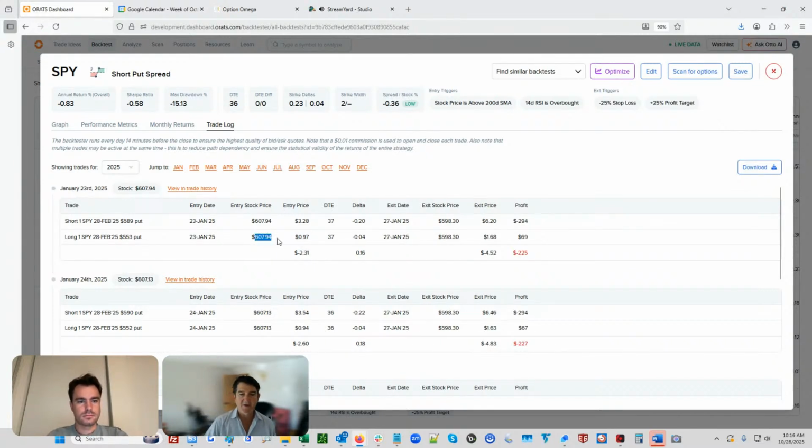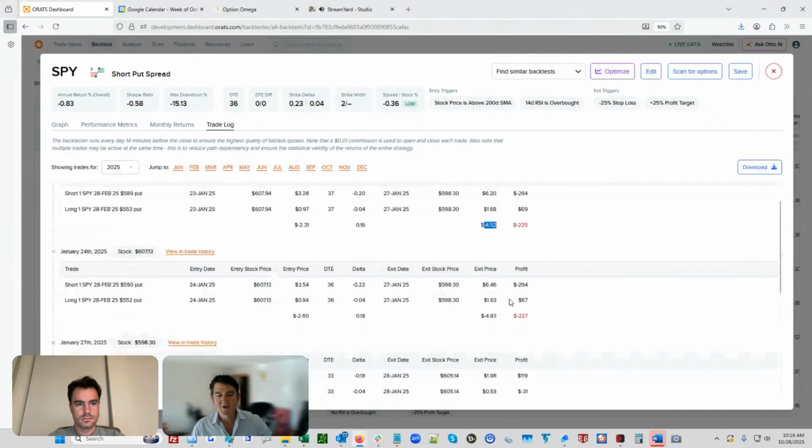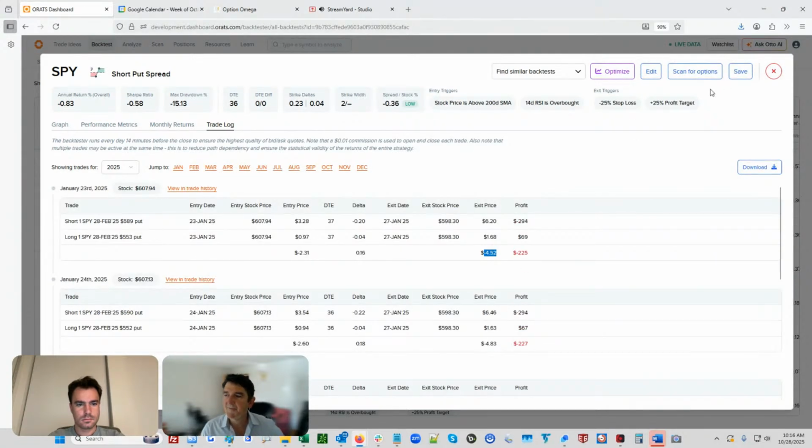So that's only 30 basis points away from this particular stock price. So if you're getting out at 25% of that, it's what, 70 cents or something. So you're getting out way too quickly for that strategy. And you could see that it's exiting for a loss. You could see the small profits, small loss, which is not the way you want to play this strategy.